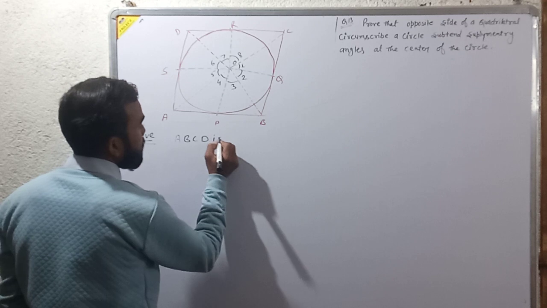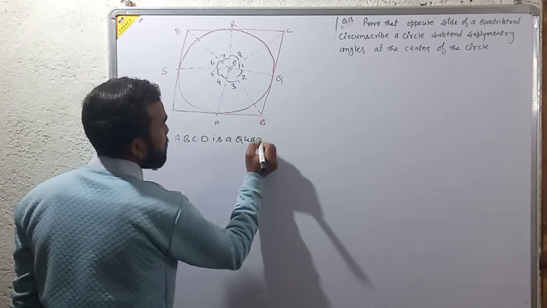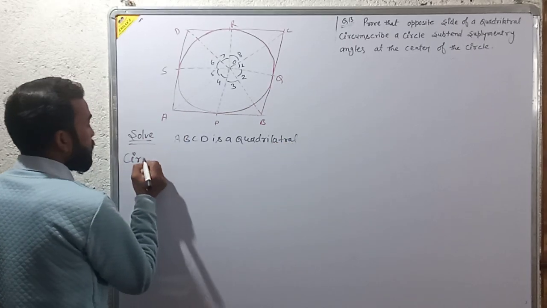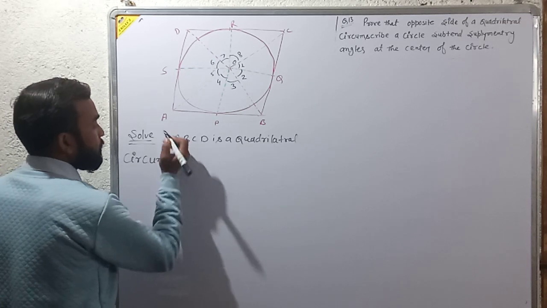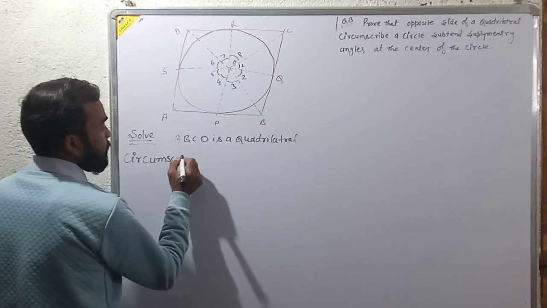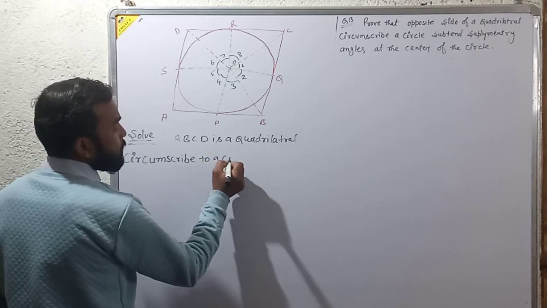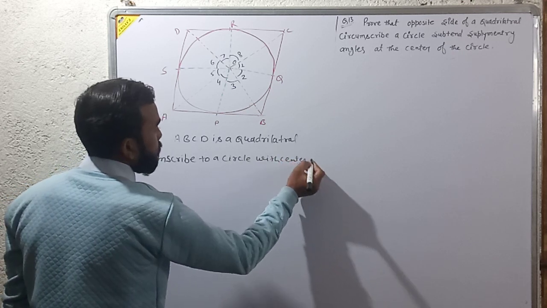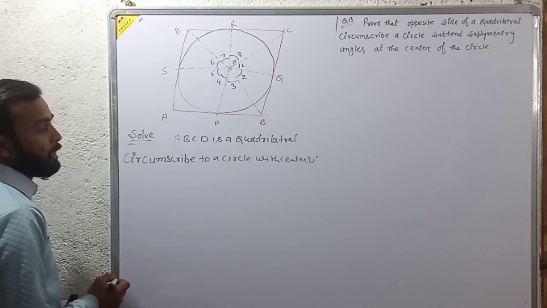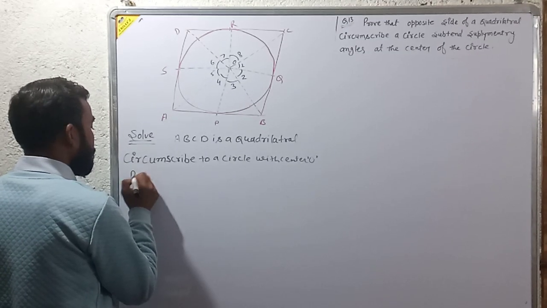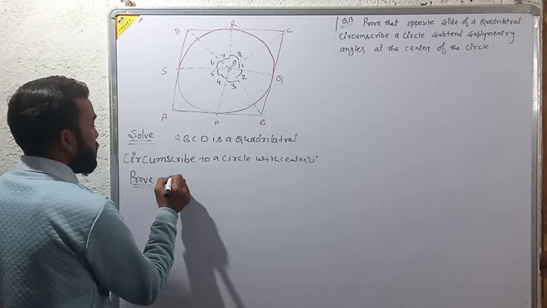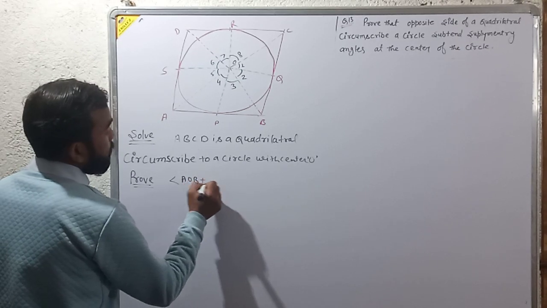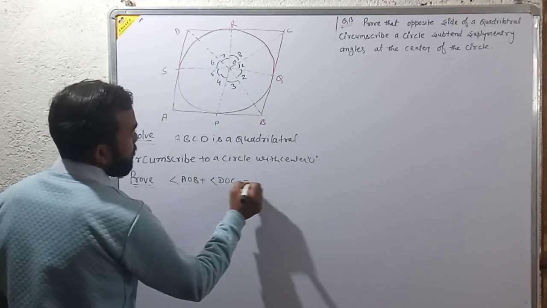The question is given that ABCD is a quadrilateral circumscribed to a circle with center O. Here we have to prove angle AOB plus angle DOC is equal to 180 degrees.